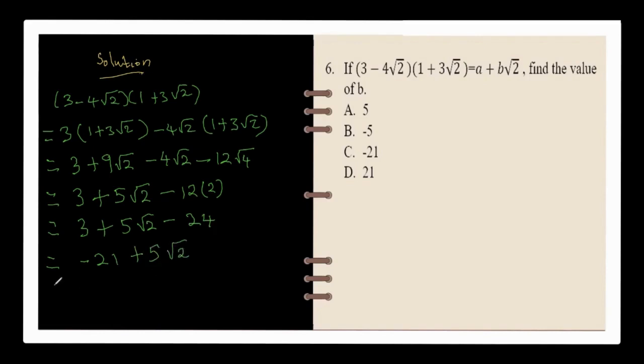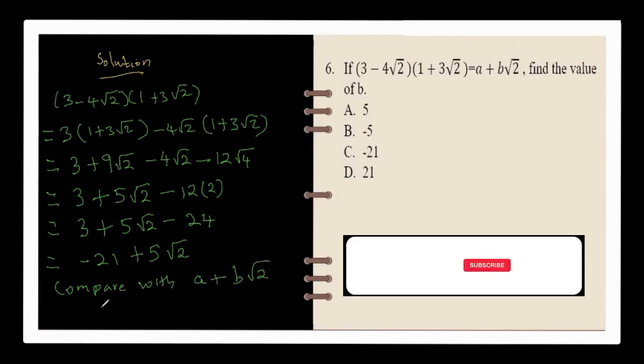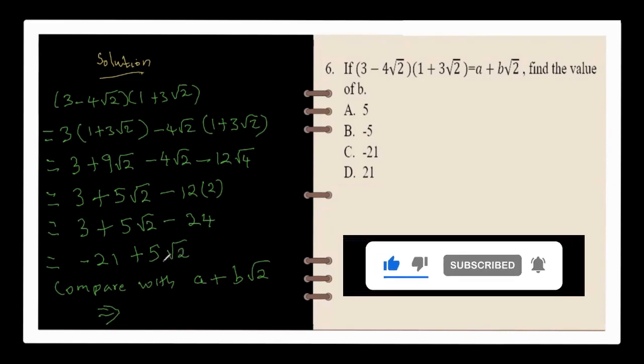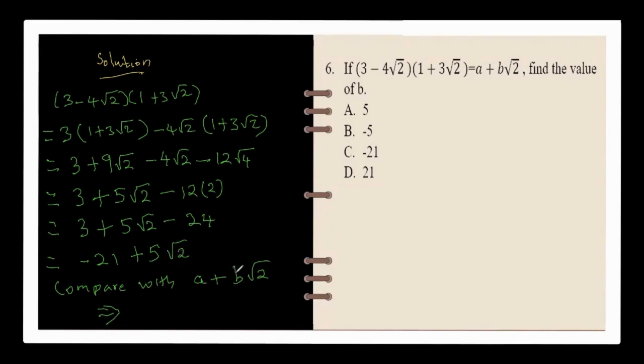Now, compare with what is given, a plus b root 2. You will discover here that the number that is joined together with root 2 is 5, and it's going to be the value of b.